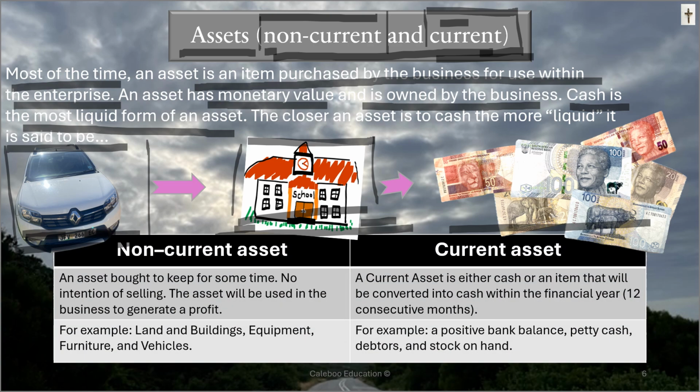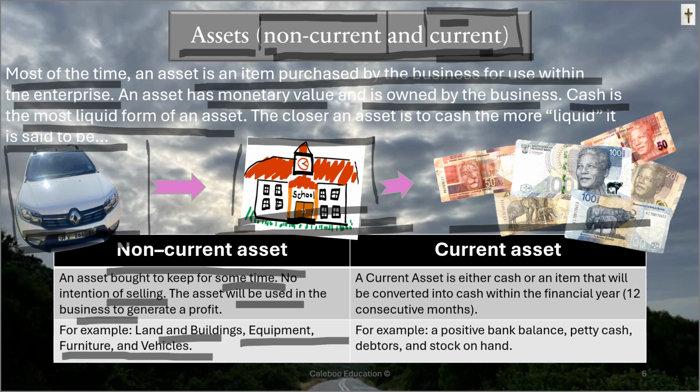And there's some written definition of a non-current asset. So we bought the asset for a period of time greater than 12 months. There's no intention of immediately reselling this asset, and the asset will be used in order for the business to generate a profit. For example, land and buildings, equipment, furniture and vehicles.